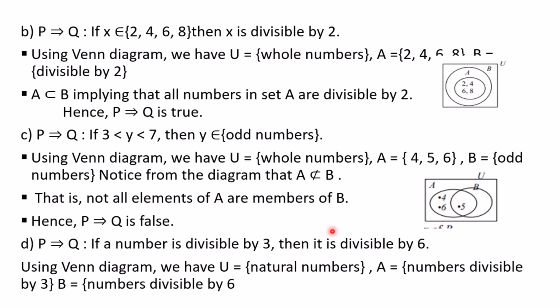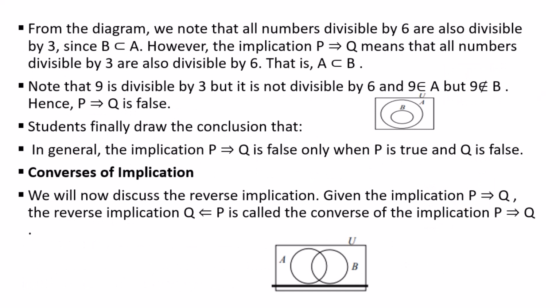So we can go through some of these ones, then we compare them to the general ones that we've done already. So let's quickly come to the converse. Also, all these are part of the examples that we have talked about. So in general, the implication P implying Q is false only when P is true and Q is false.